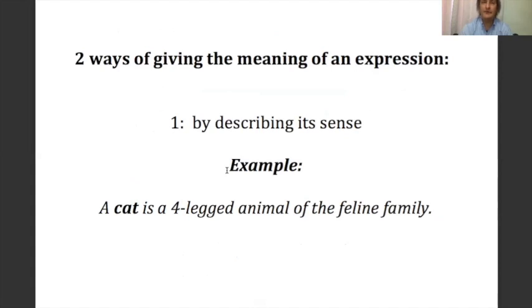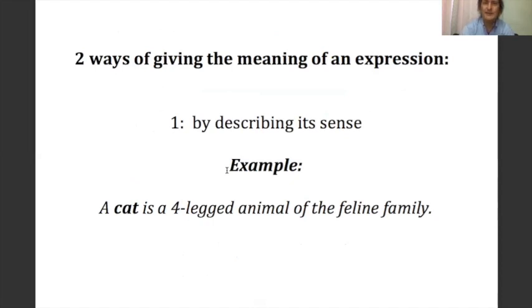Now, there are a couple of ways that we can give the meanings of our basic expressions like cat. Okay, we can describe it. This is trying to describe its sense, for example, by saying a cat is a four-legged animal of the feline family. Of course, that's only going to help if you know the words involved, in particular feline.